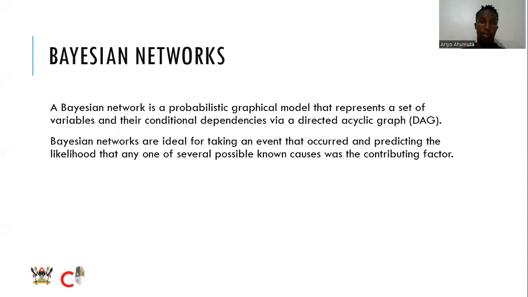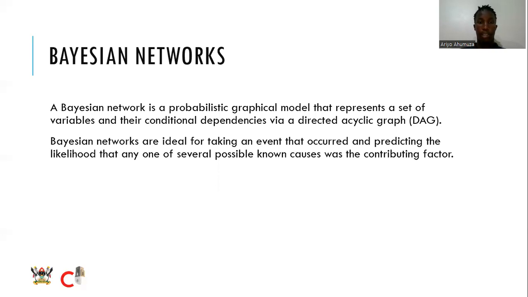Bayesian networks is a probabilistic graphical model that represents a set of variables and their conditional dependencies using a directed acyclic graph, which we can call DAG to avoid those big words.